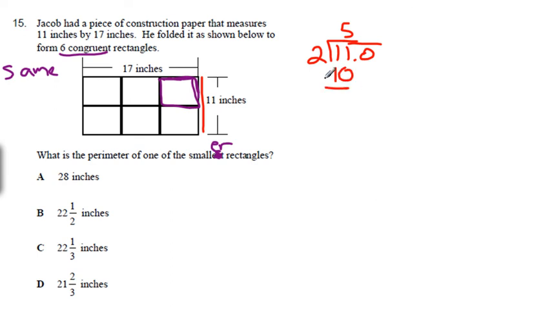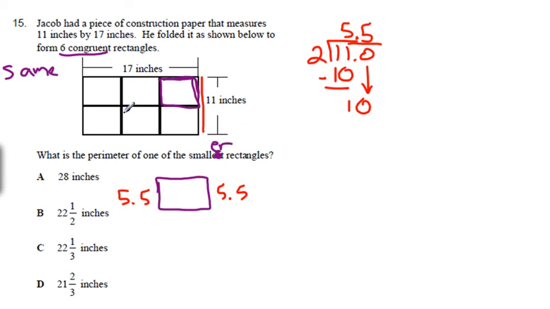Subtract, and bring down. 2 goes into 10 5 times. Don't forget your decimal. So if we pull out our smaller rectangle, we see it has a height of 5.5. Since we're doing perimeter, we need all the sides, so let's put 5.5 over here too.